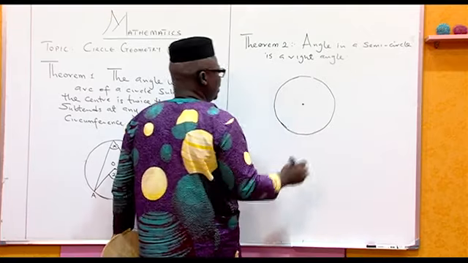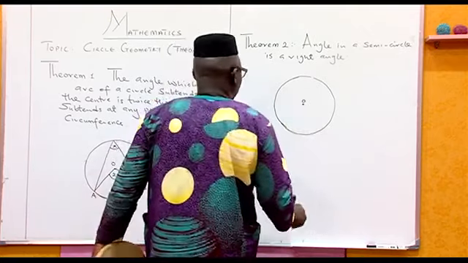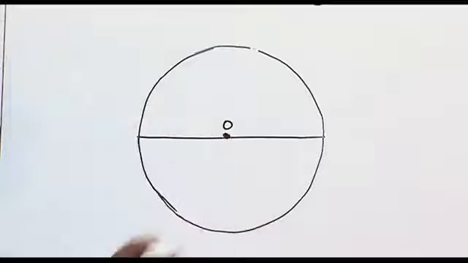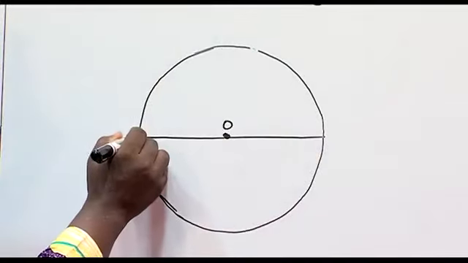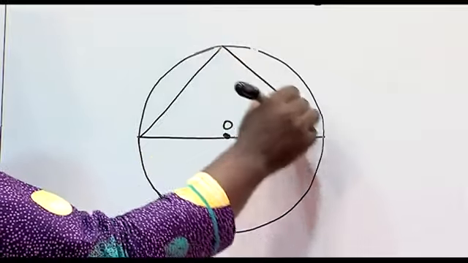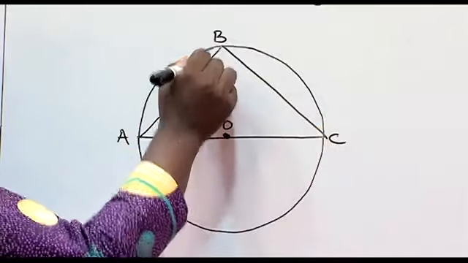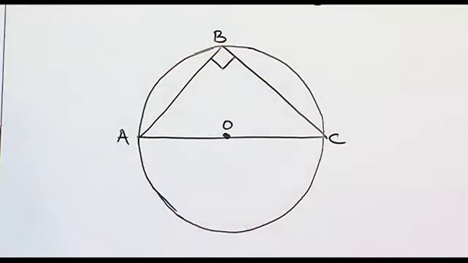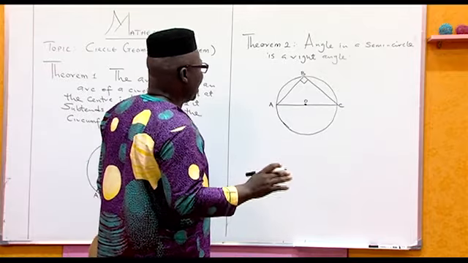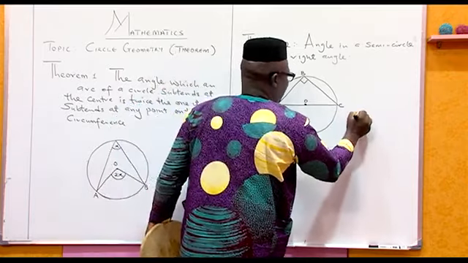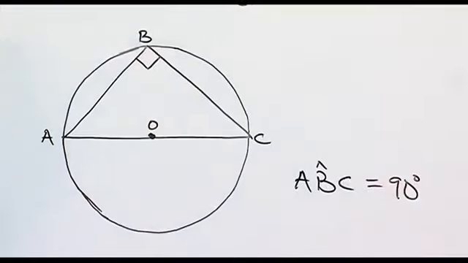If this is the center of the circle here, and this is the diameter dividing the circle into two equal parts, then what we are saying is that this angle, if this is A, this is B, and this is C, this particular angle ABC is going to be 90 degrees. That implies angle ABC is 90 degrees. That is what this particular theorem is talking about.